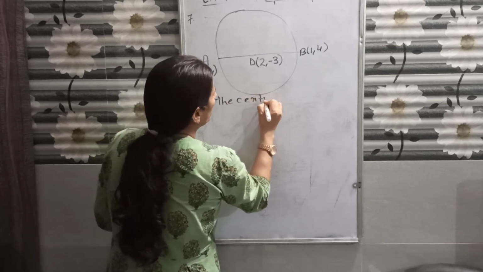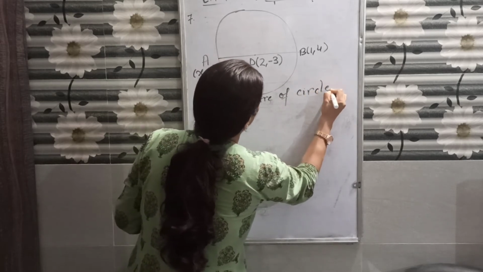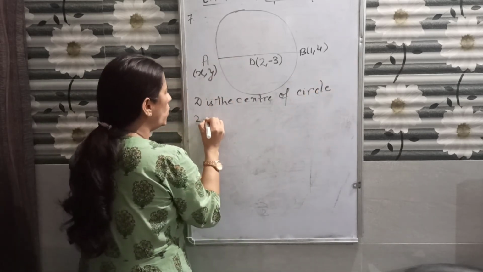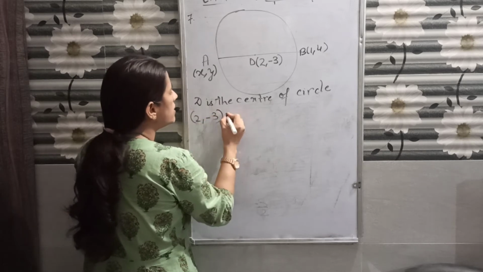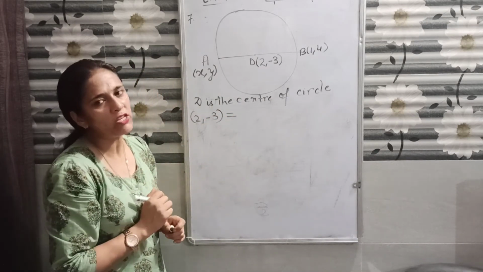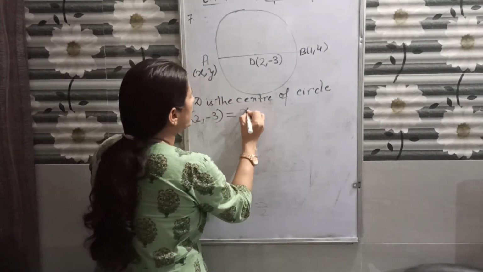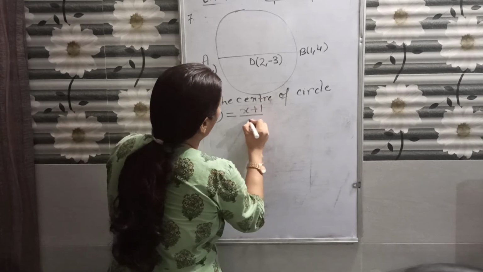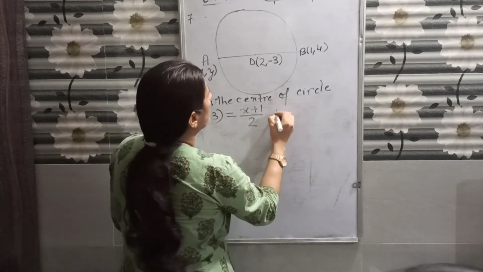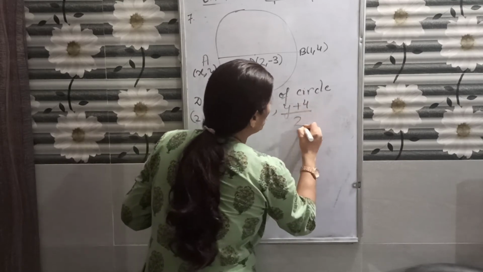Now D is the center of the circle, so here we apply the formula for midpoint. That is, 2, minus 3 is equal to, the formula for midpoint is x1 plus x2 by 2 and y1 plus y2 by 2. So it will be x plus 1 upon 2, and then comes y plus 4 by 2.